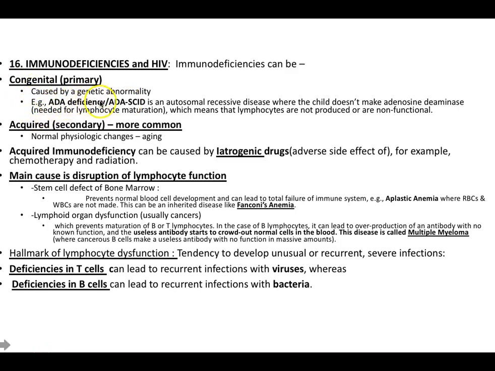On the exam, I'm not going to get into ADA deficiency or SCIDs, just for you to know that at times a child can be born with a defective gene that is going to compromise the child's ability to mount a defense against pathogens. The more common is secondary.